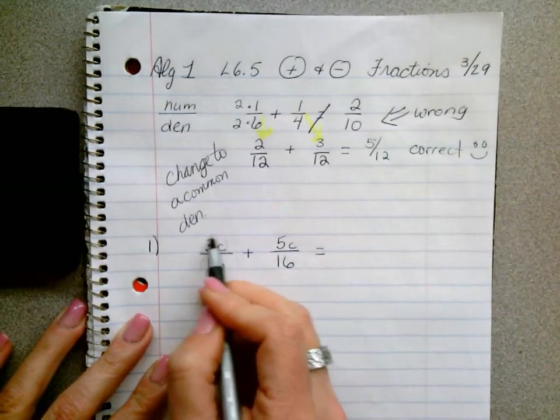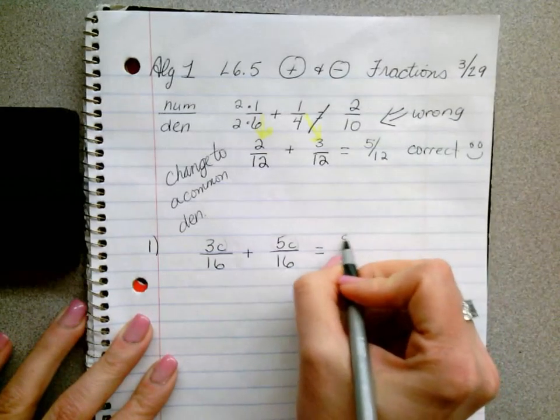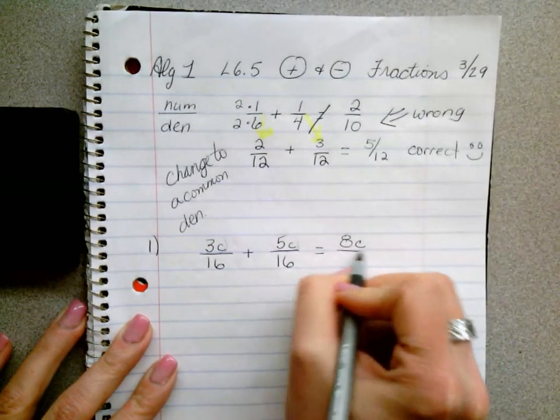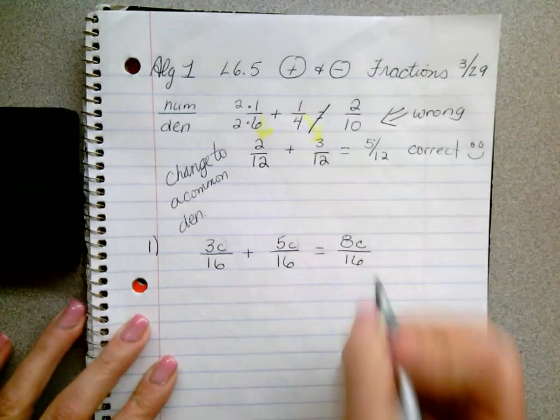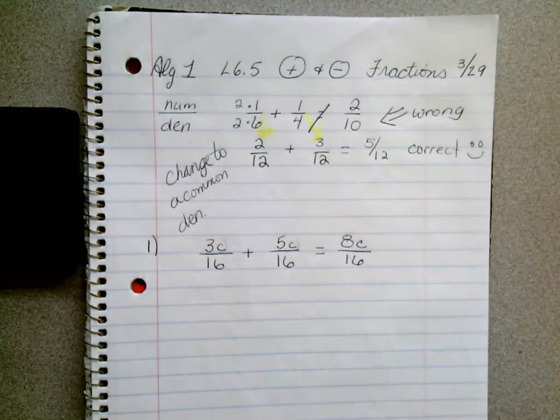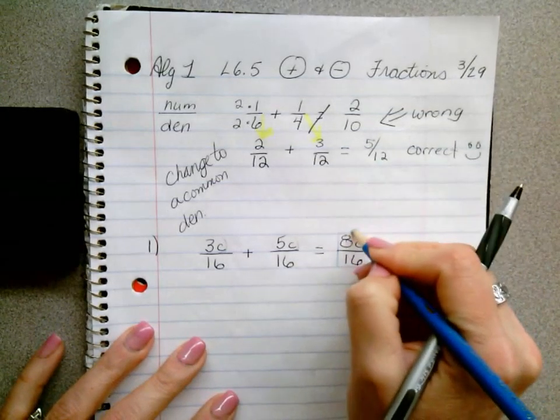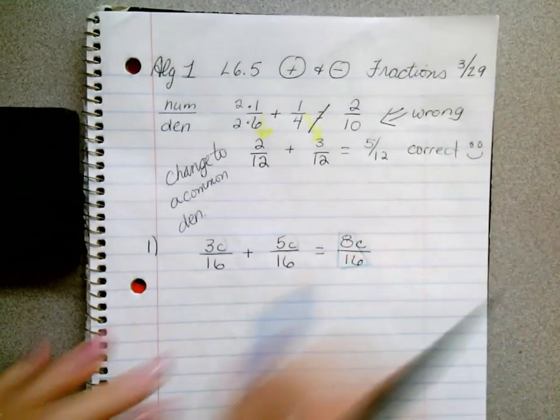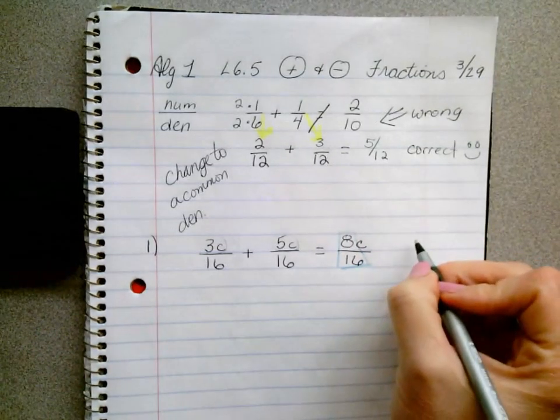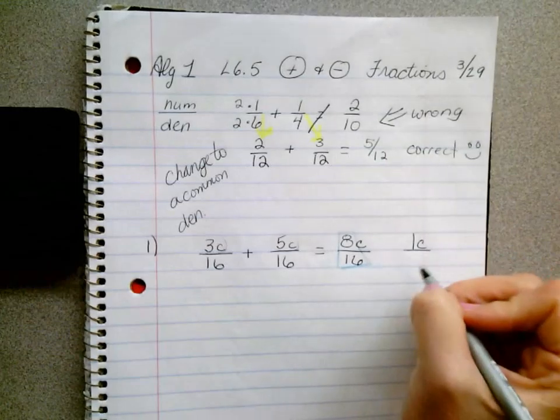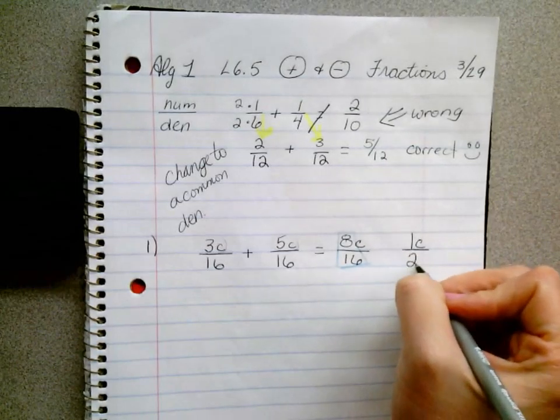You combine your 3c with your 5c, which will give you 8c. The denominator does not add together, and you get 16. You can still reduce this, folks. The 8 and the 16 reduce rather nicely, don't they? The 8 becomes a 1, and the 16 becomes a 2.